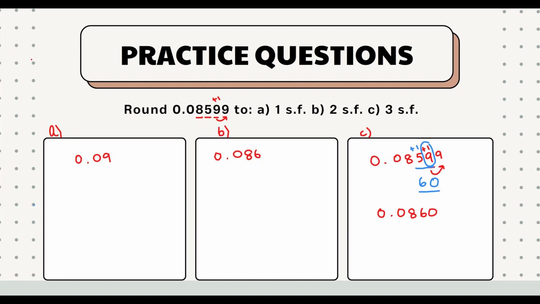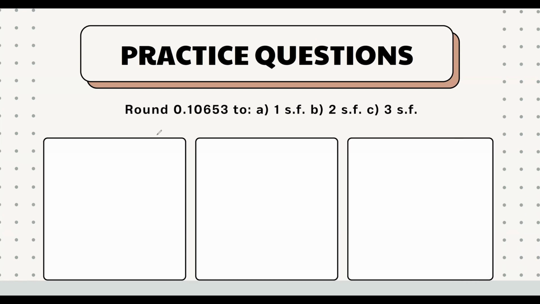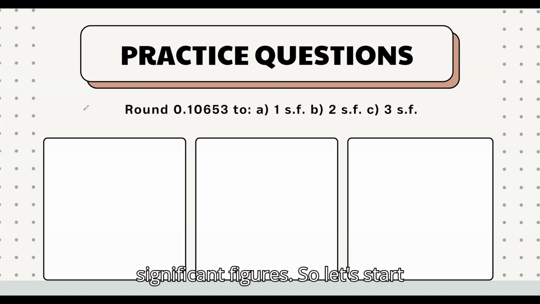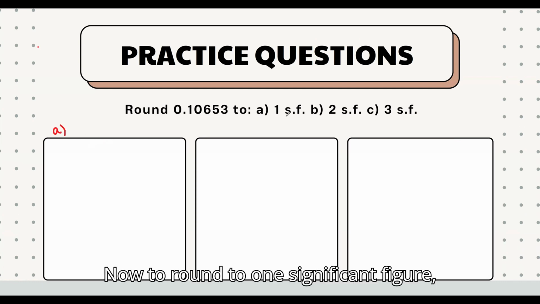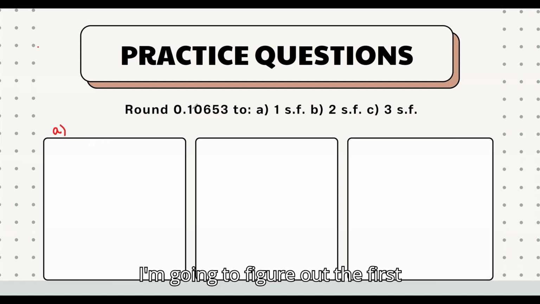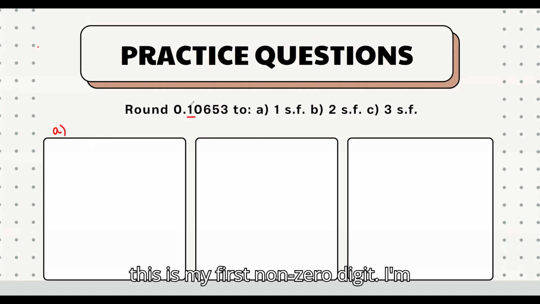Now let's move on. Our practice question says to round 0.10653 to A, 1 significant figure, B, 2 significant figures, and C, 3 significant figures. So let's start with A. To round to 1 significant figure, I'm going to figure out the first significant digit, which is 1 because this is my first non-zero digit.